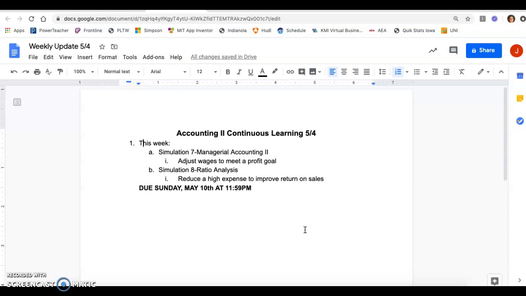Simulation number 8 is ratio analysis. So this would have been chapter 17 in our textbook. So for those of you that might want to look through that, we're going to be looking at ratio analysis. So a ratio is anytime you're comparing 2 numbers. So a ratio that you're probably seeing a lot as you're in the college hunt would be like a 12-to-1 student to faculty ratio, meaning there'd be 12 students in a class on average to 1 professor.